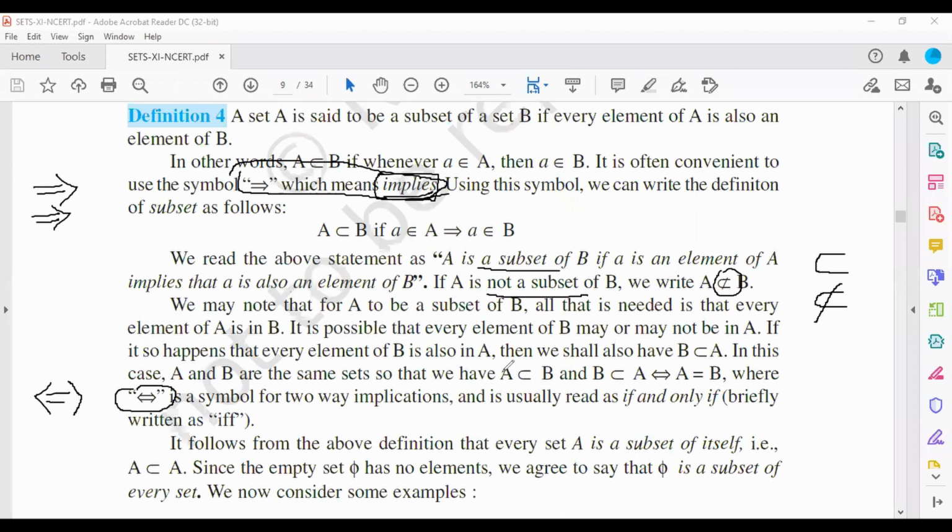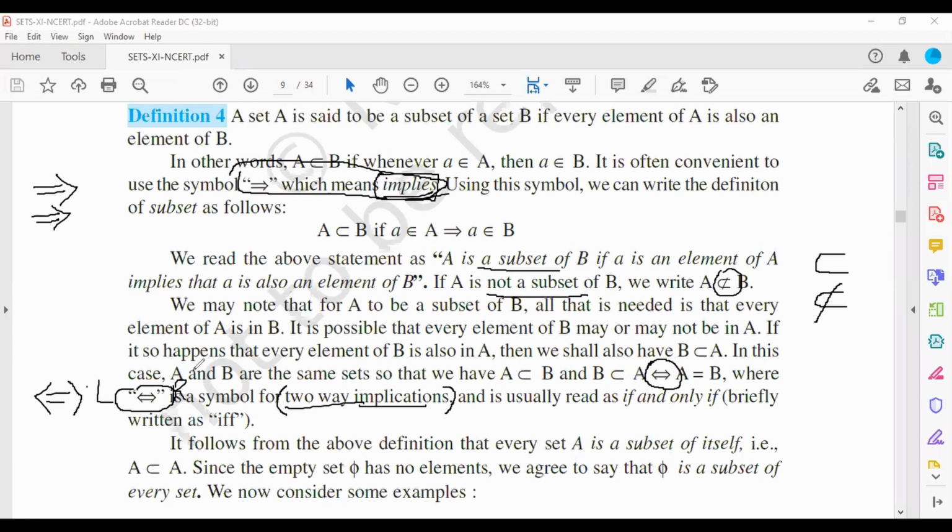Then comes the double implication. Double implication means two-way implication. That means the statement on the left and the statement on the right imply each other.